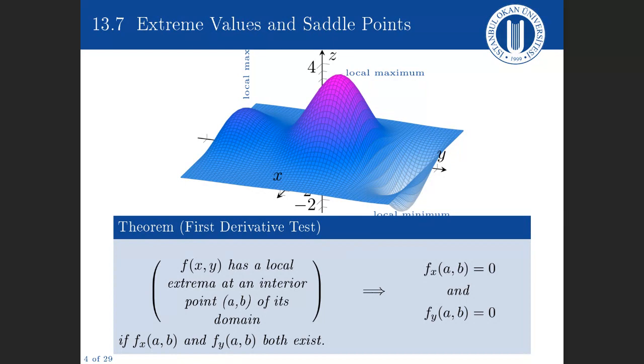Same ideas as for mathematics 1. If there's a local extrema, then the derivatives are 0. So for example, if we took the top of this hill, at this point, the x partial derivative and the y partial derivative are both equal to 0.